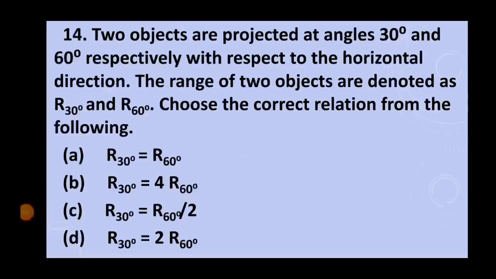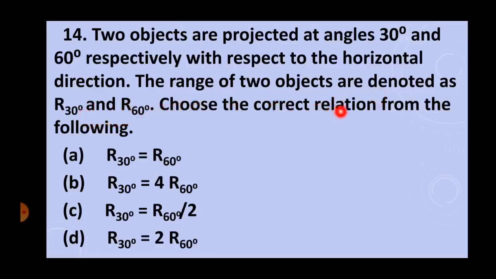Next, 14th problem. Two objects are projected at angles 30 degree and 60 degree respectively with respect to the horizontal direction. Calculate the ranges of the two objects, denoted as r30 degree and r60 degree.